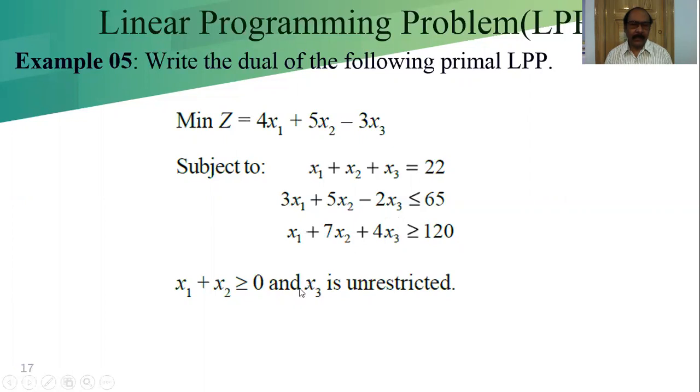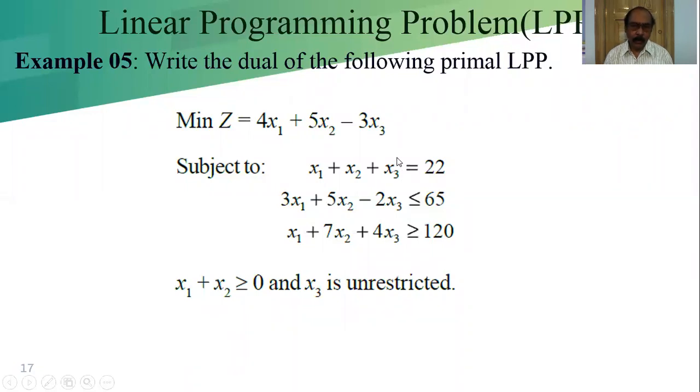x3, see x3 is unrestricted in sign. So x3 we replace by x3 dash minus x3 double dash. That means x3 we are considering as a difference of two restricted variables, x3 dash minus x3 double dash, where x3 dash and x3 double dash are restricted variables greater than or equal to 0.